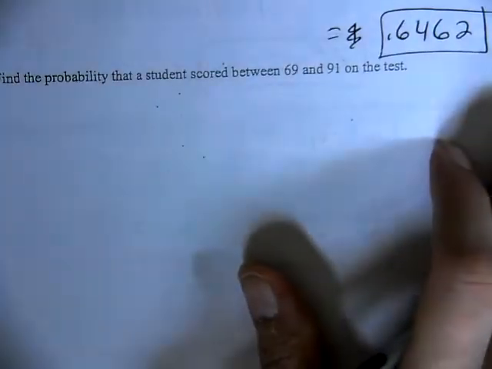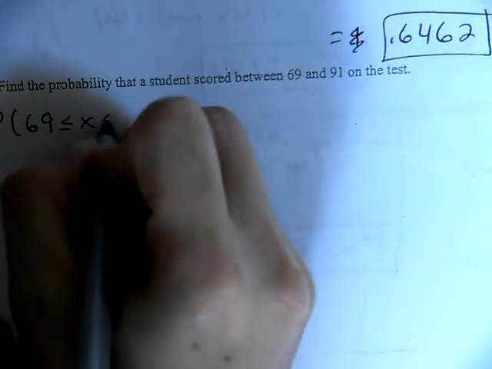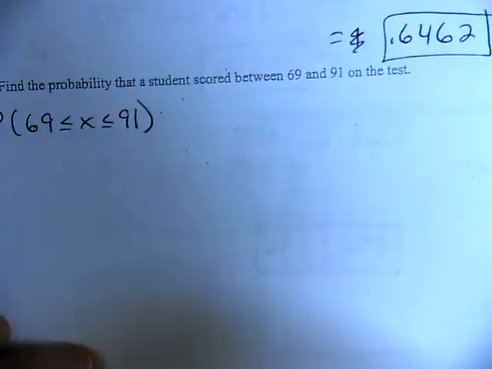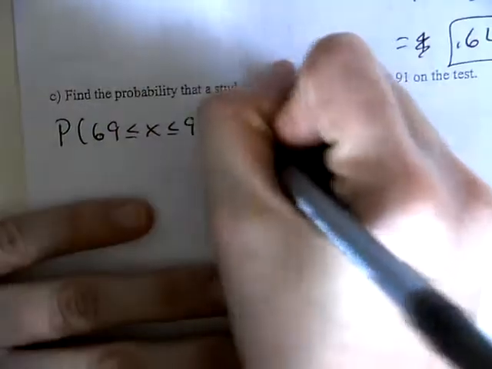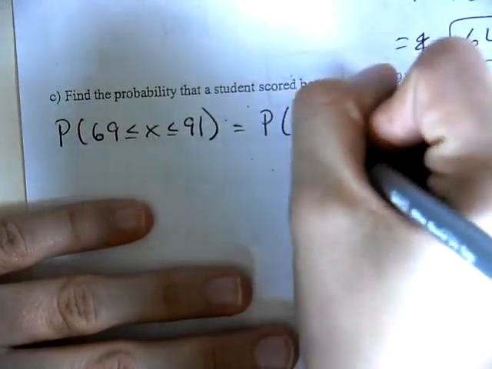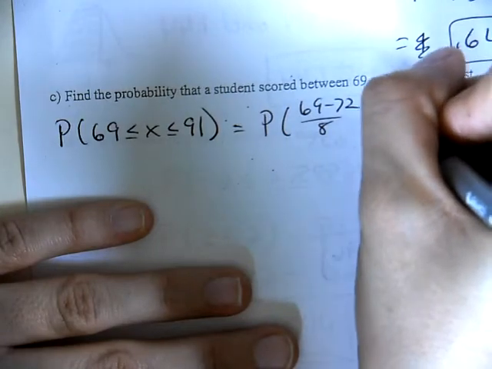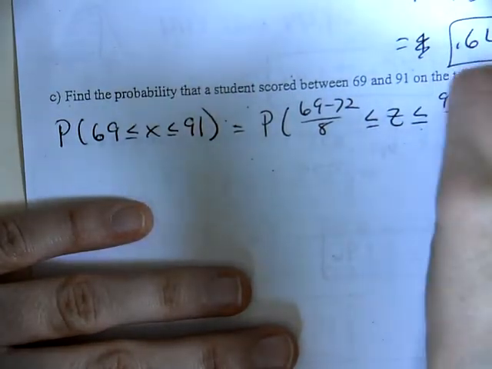Find the probability a student scored between a 69 and a 91. So you want 69 less than or equal to X, less than or equal to 91. So we're going to find two z-scores. So probability 69 minus 75 divided by 8, less than or equal to z, less than or equal to 91 minus 75 divided by 8.